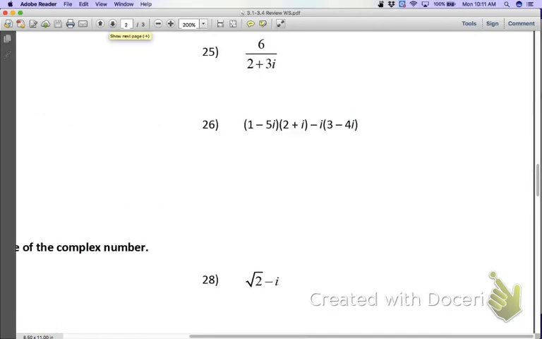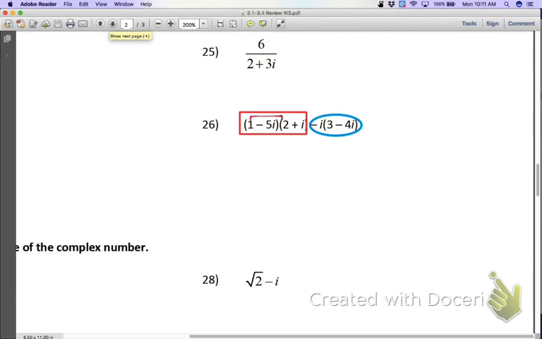Alright, so on 26, the biggest thing that you need to do is try not to think about everything all at once. Just focus on the first part and then focus on the back part. Making sure, since it's a negative i, go ahead and include that whenever we multiply. So then what's in the box, I'm just going to multiply everything.